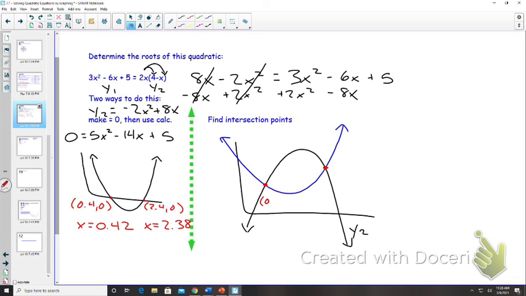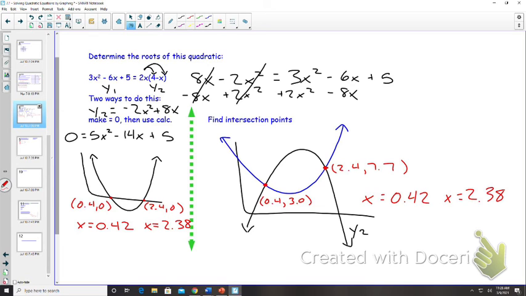I got 0.4 and 3.0, and I also got 2.4 and 7.7. Again, rounded, x is equal to 0.42 and x equals 2.38.